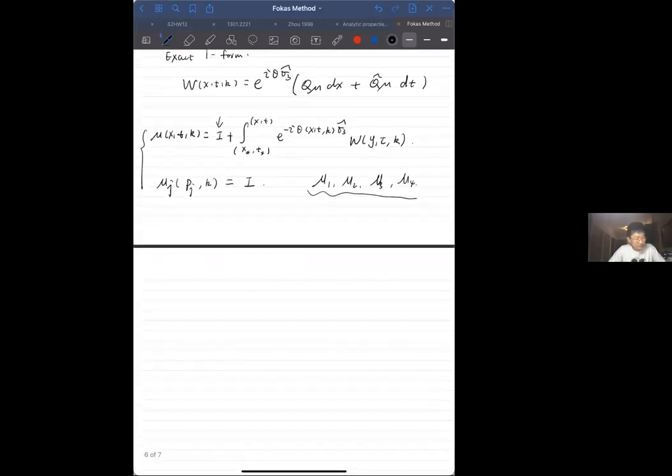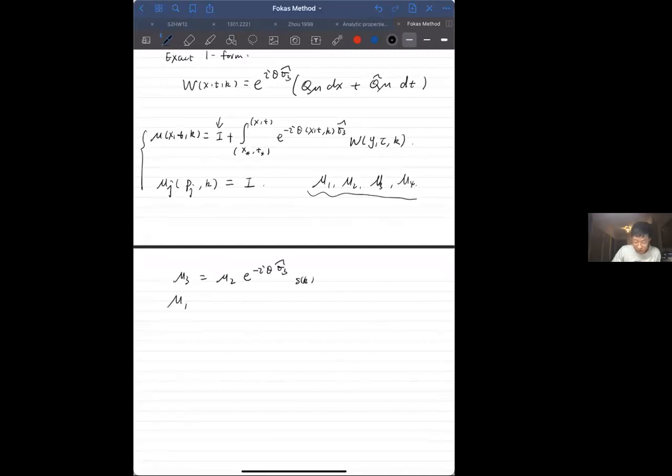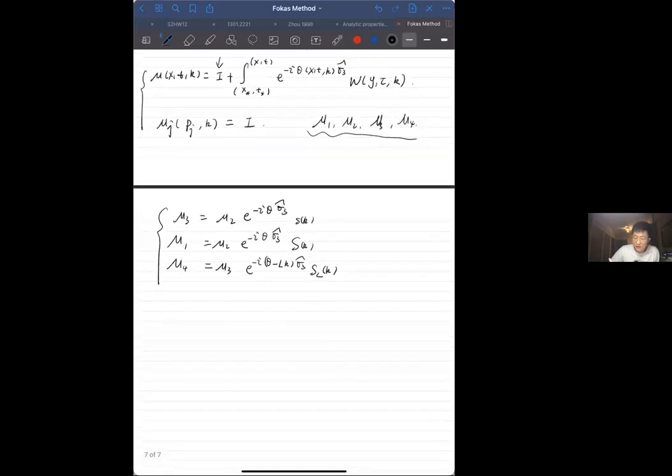So we can define the so-called scattering matrix. mu3 is mu2 e to the minus i theta sigma 3 times s(k), mu1 is mu2 e to the minus i theta sigma 3 times S(k), and mu4 is mu3 e to the minus i theta sigma 3 times S_L(k). It's very easy to determine those s(k), capital S(k), and S_L(k).